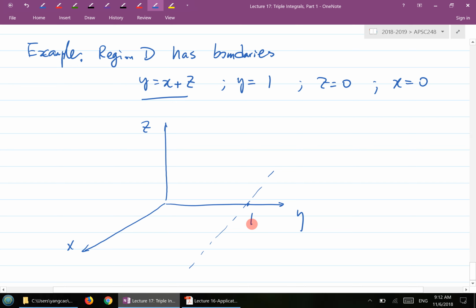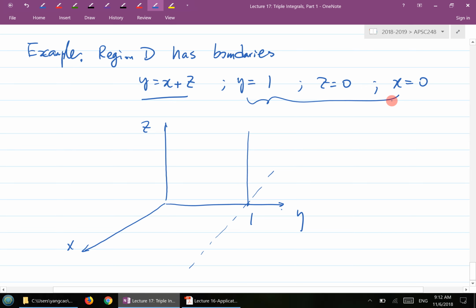It's a line, but in 3D, it's a plane again. And z equal to 0, that's the xy plane. X equal to 0, that's what plane? The YZ plane.